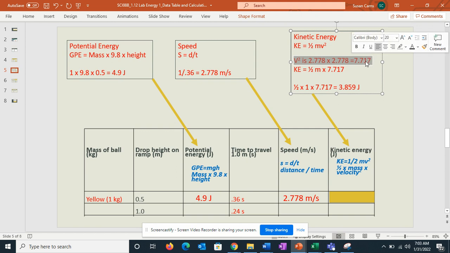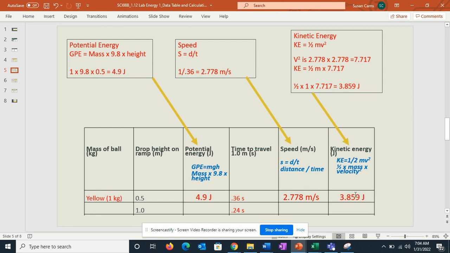You take the number times itself. So we have velocity squared is 7.717. We'll put that into our formula. So we have 1/2 times 1 times 7.717, and we get our answer. Kinetic energy is 3.859 joules.